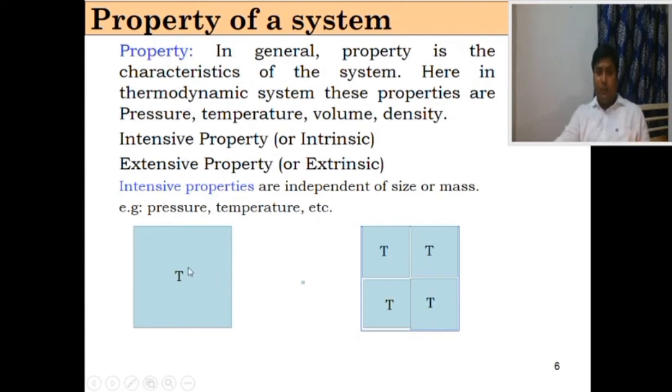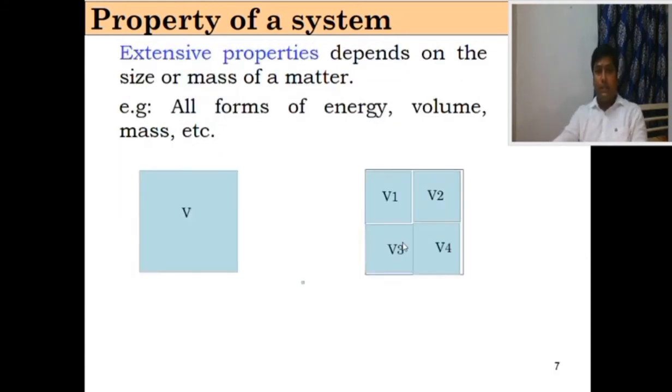This block has a temperature T, and independence of mass or size means that if I divide this block into different parts, into 2, 3 and many more parts, as I have taken here 4 parts, all the blocks will have the same temperature T, as earlier it was at temperature T. Each individual block has the same temperature, meaning it is independent of size or mass.